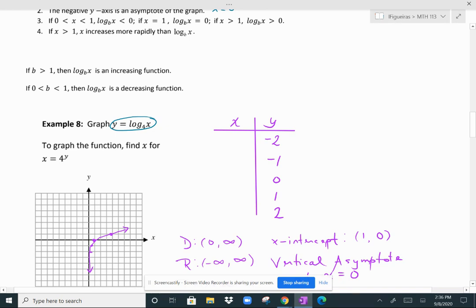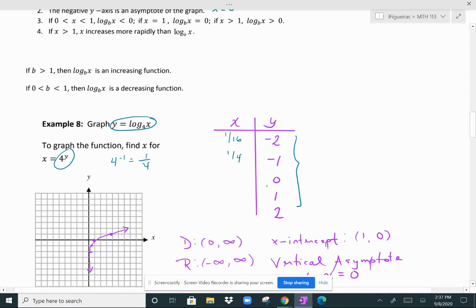Your y could be any number, so I picked some negative, 0, and some positive. Then you just plug it into this function to solve for x. So when y is negative 2, your x is 1 over 4 squared, which is 1 over 16. When y is negative 1, that's 4 to the negative 1, which is just 1/4.